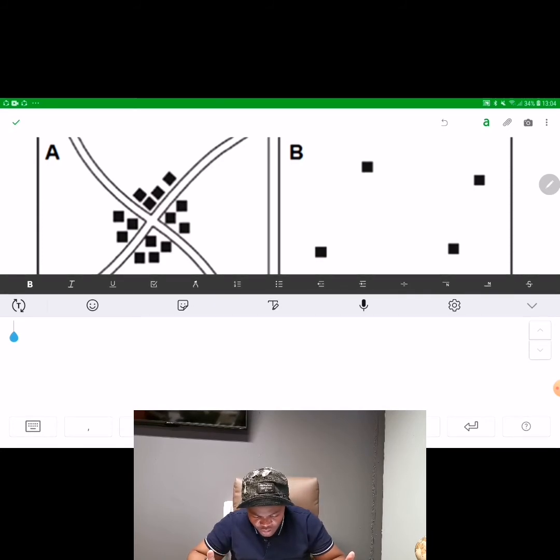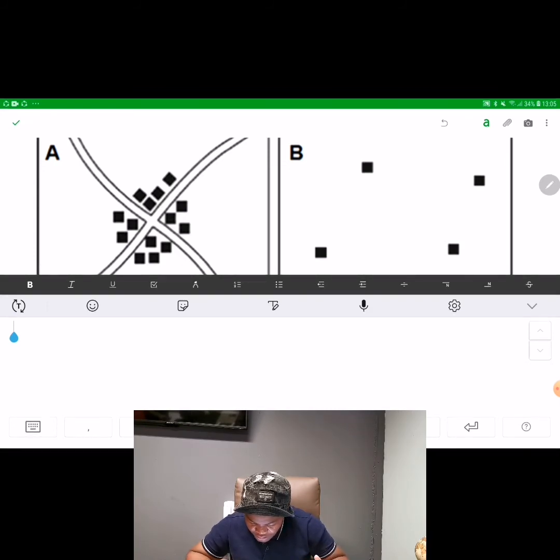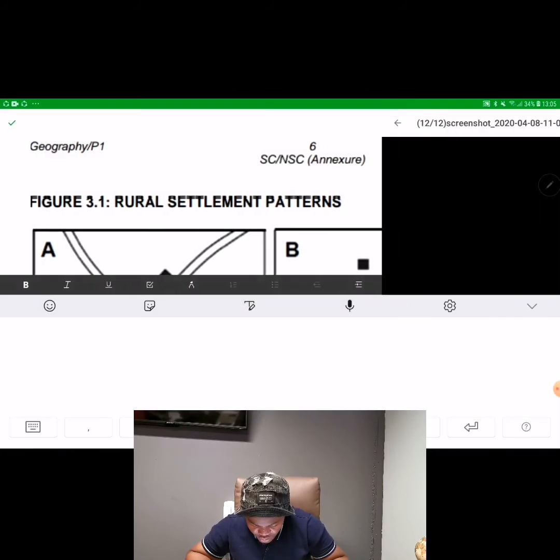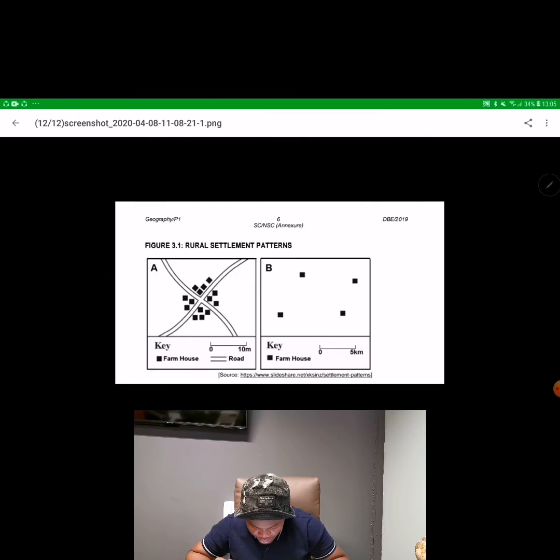It's a crossroad settlement pattern. And then on your area B, you have what? Your dispersed settlement pattern, which is mostly found in rural areas. And then this one, the nucleated pattern, can also be found in urban areas or in villages. So I want you to check that, and then we'll be looking at these specific questions.